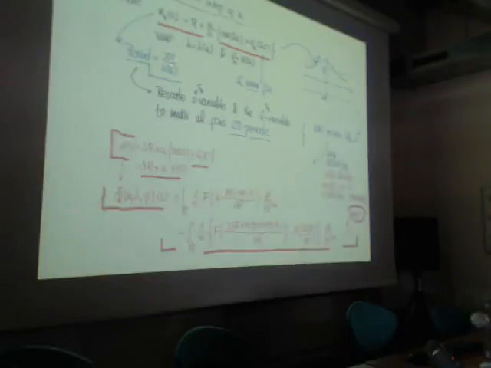It's written here, rescale variables to make now the function periodic of period 2 pi, but the functional will change. The functional changes because the plus infinity becomes 2 lambda r over t. Lambda is the period.